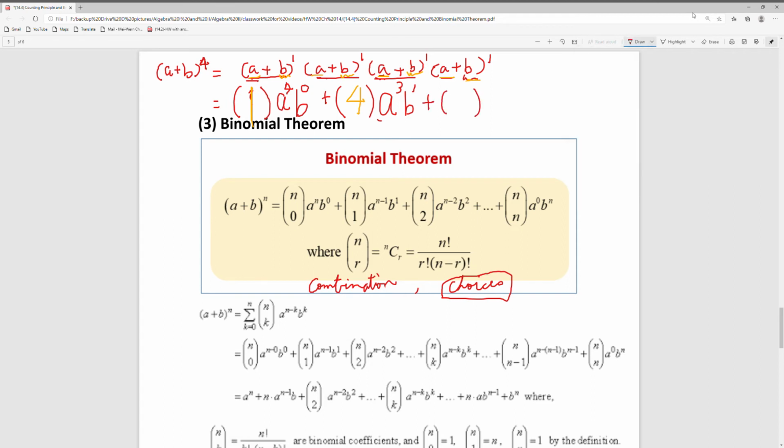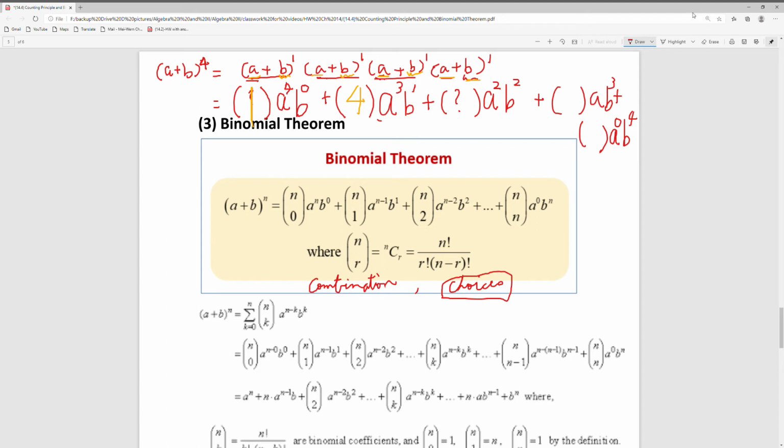And keep going. How about a squared, b squared? It is fourth degree, right? So for a squared, b squared, what's the number? And then a, b cubed, plus, what's the number? And a to the 0, you choose all the b's.